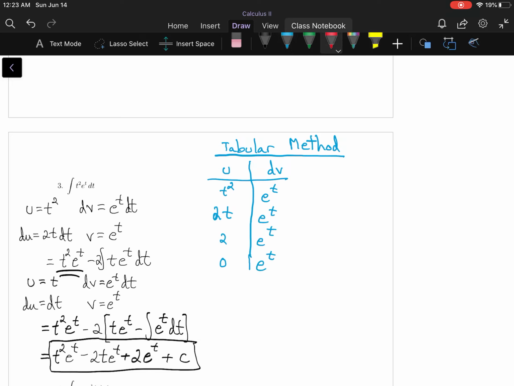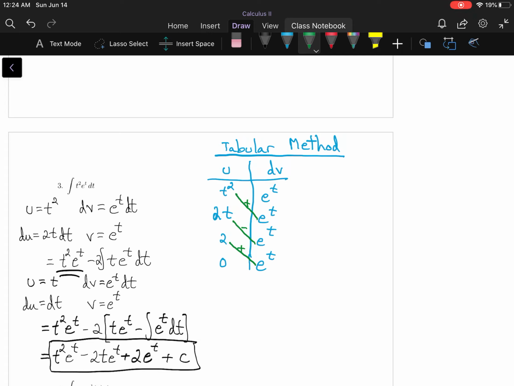And then I'm going to look at the product of the diagonals. The first product, I'm going to multiply by a plus sign. The second product, I negate. The third product, I add. And if there were more, it would continue alternating signs, but it always starts with the positive.